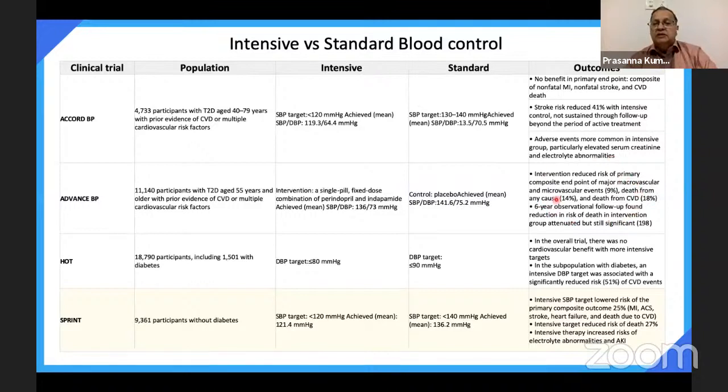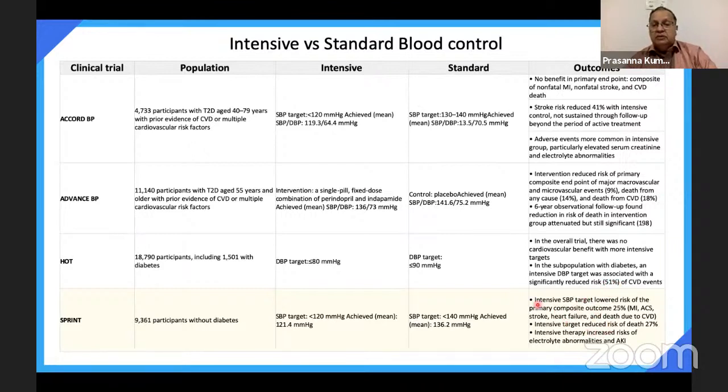Intervention reduced the risk of the primary composite endpoint in them. A 6-year observational follow-up found a reduction in risk of death in the intervention group. In the overall trial, there was no cardiovascular benefit with the more intense target. In the diabetes subpopulation, an intensive diastolic blood pressure target was associated with a significantly reduced, 51% reduced, cardiovascular disease risk.